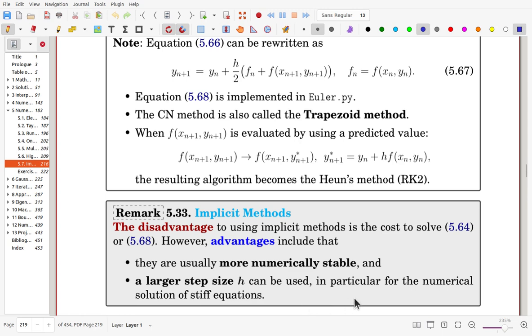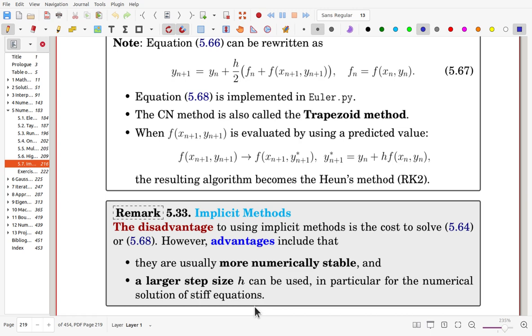And also particularly the numerical solution of stiff equations works very nicely. For an explicit method, you have to choose a very small h, however for the Crank-Nicolson method you can choose a very large step size h.